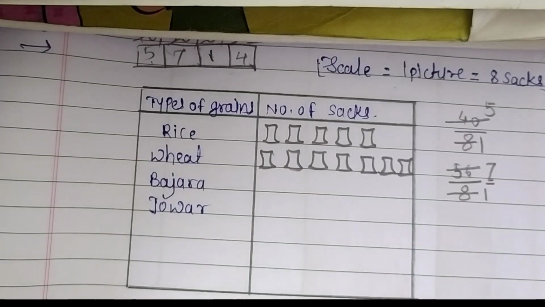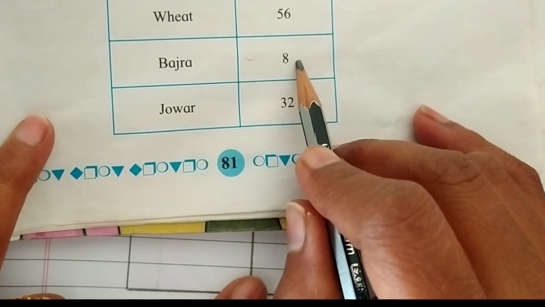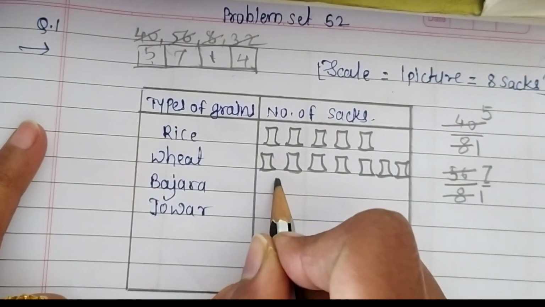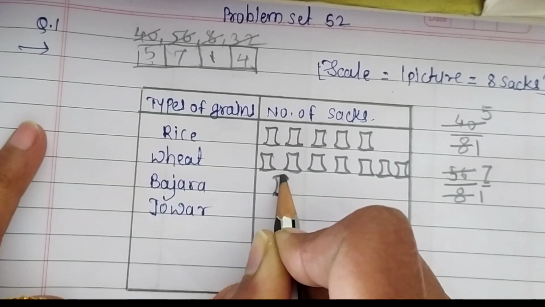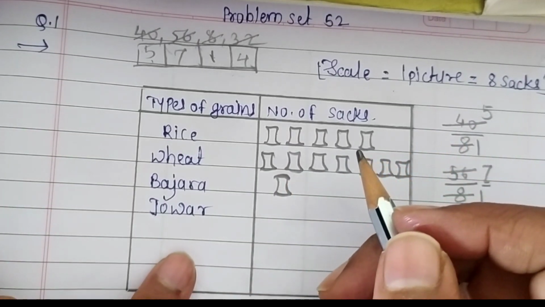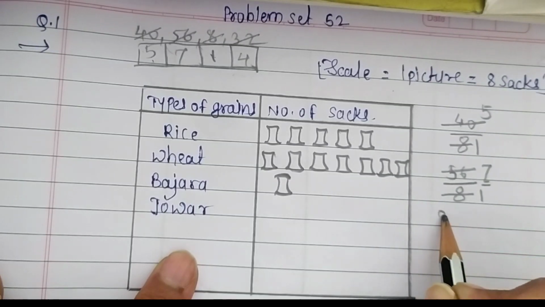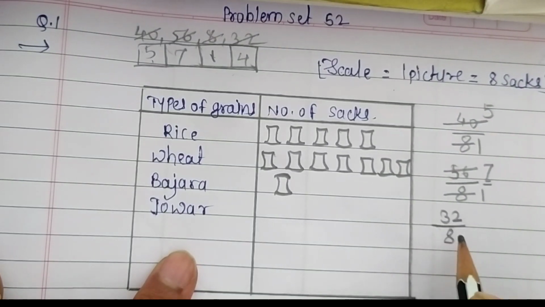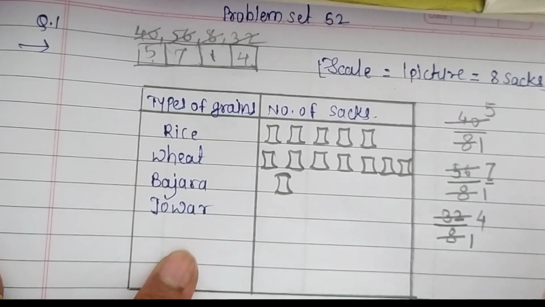Now for bajra, there are 8 sacks of bajra. So we are going to draw only one picture for it, because it is our factor here. Next is jowar. There are 32 sacks, so let's divide it by 8. 8 ones are 8, 8 fours are 32.